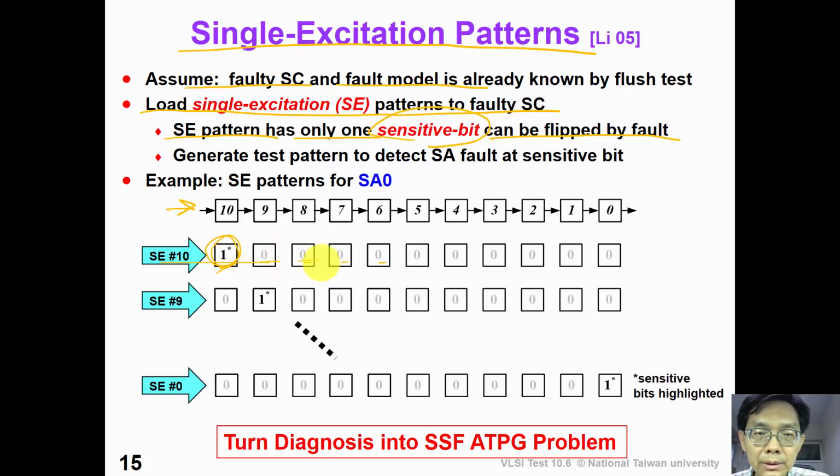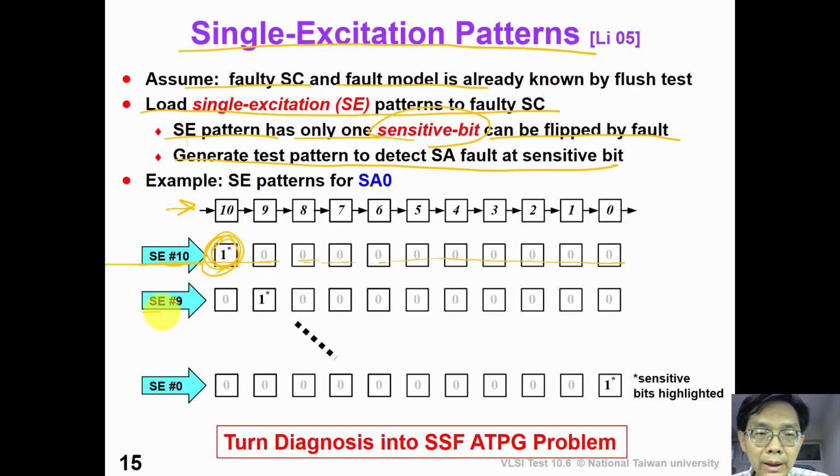The other bits are guaranteed to be correct. So now, after we shift in this single excitation pattern, we can generate a test pattern to detect the single stuck-at-0 at scan cell index number 10. If we are successful, then we can diagnose this scan cell.